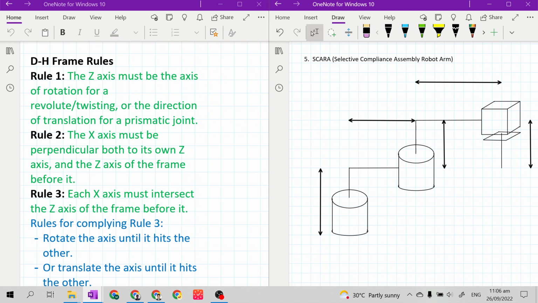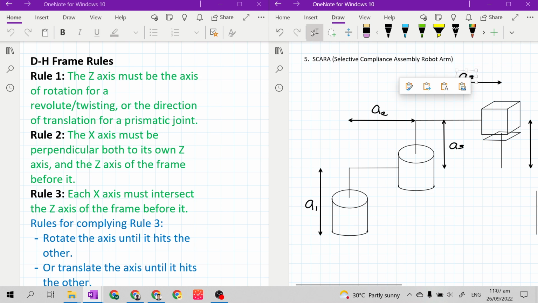So let's label each of the link lengths. This is A1. This is A2. Next, oh sorry, this is not A3. This is A3. Next is A4.